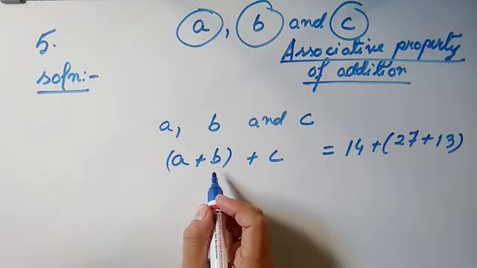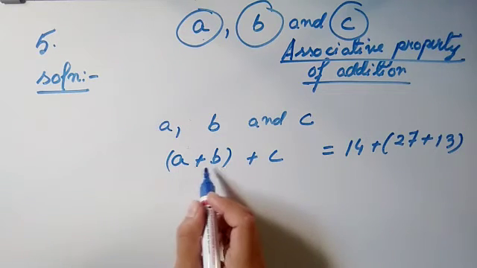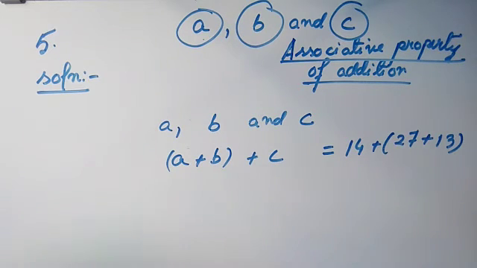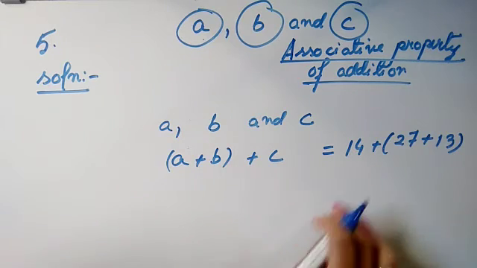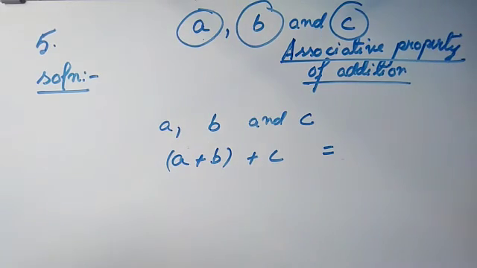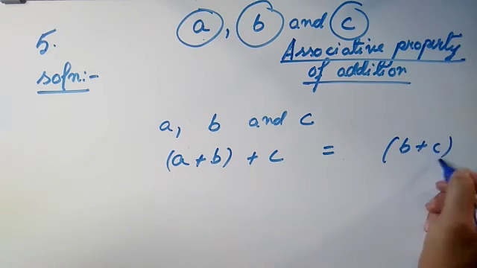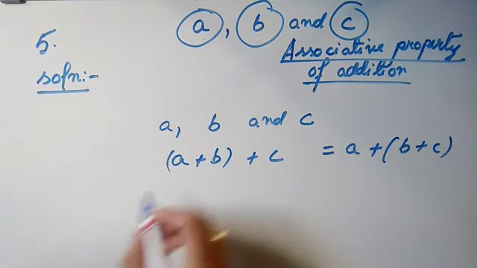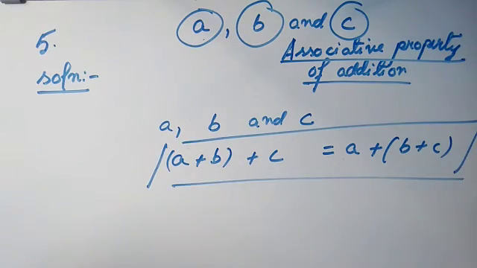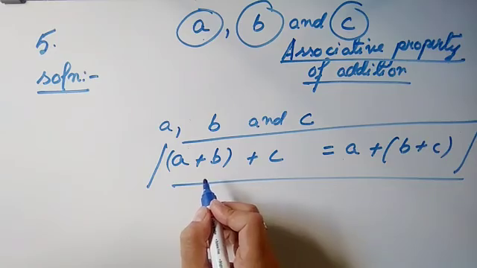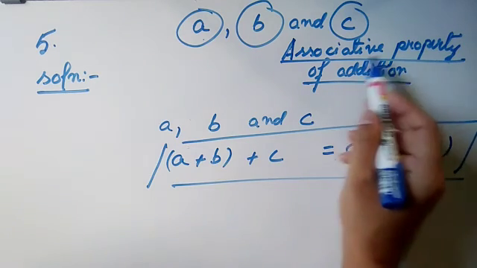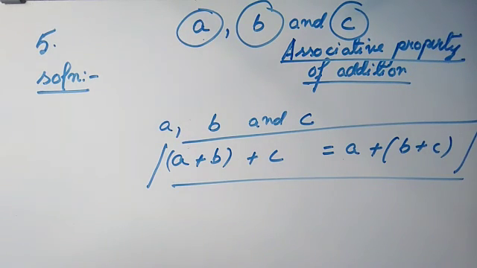If we add a and b first, and after that add c, this value will remain the same as adding b and c first, and after that adding a. The result will remain the same. So this is the answer. This is the associative property. This is how we express the associative property of addition using the variables a, b and c. Understood, student?